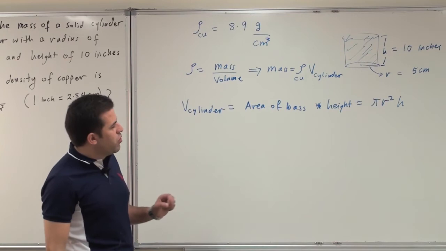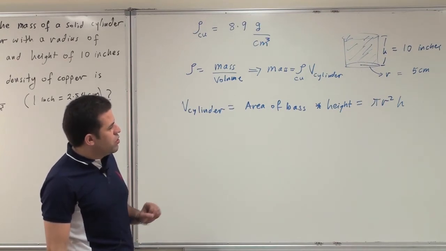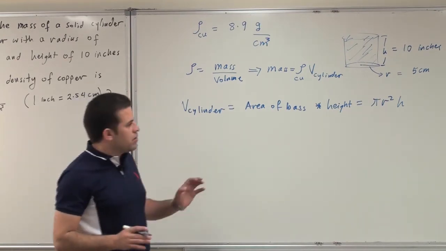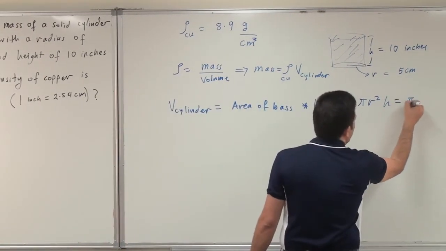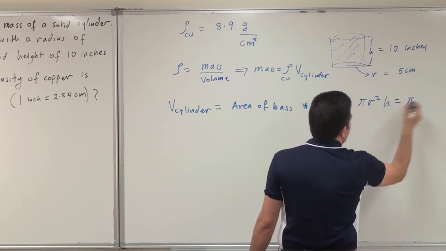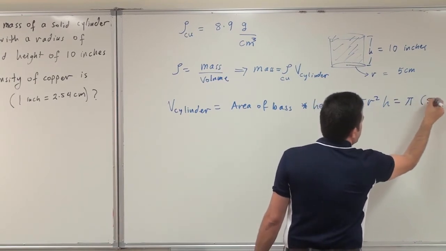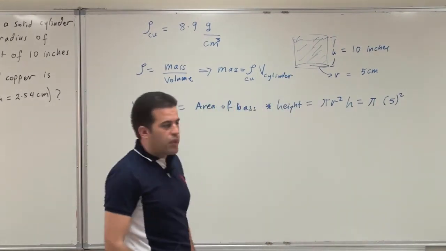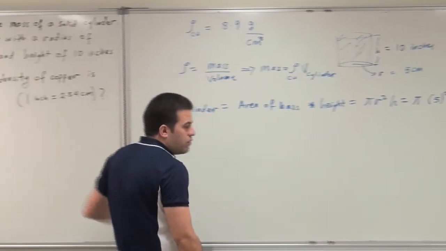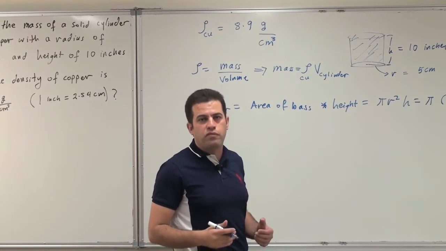Now I have a small issue to tackle, which is that the units are not consistent. Pi is a constant, 3.14. R squared is 5 centimeters squared, but h is given in inches. But he also gives me a hint that 1 inch equals 2.54 centimeters.